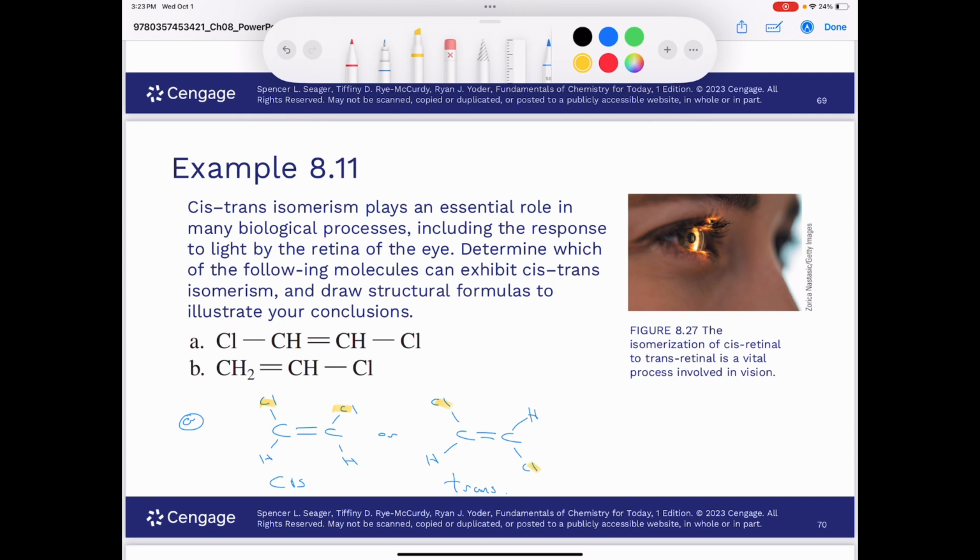Now in compound B, I didn't give myself a lot of room here to solve compound B, but with C, you have a carbon that has two hydrogens like this, and then this one has a chlorine and a hydrogen. Well, this is a rule: if one of the carbons has two groups on it that are identical, two hydrogens both attached to the same carbon, you can't have cis or trans.